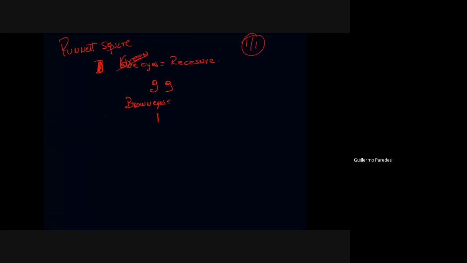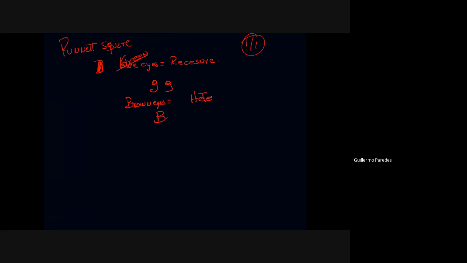So now the brown eyes will be like this. If I have brown eyes, this is dominant, but I have 2 options. I can have brown eyes that are heterozygous, brown and green. If I have homozygous brown eyes, the only option is homozygous dominant, so I would have brown and brown.